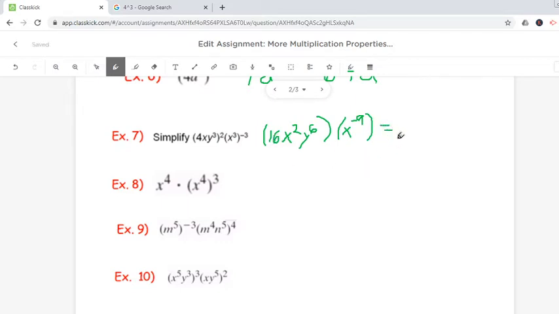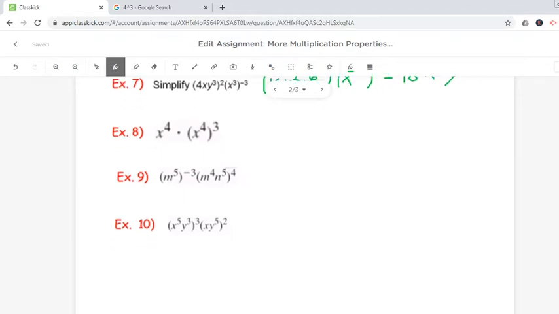So we have 16, and then we have our x, negative 9, x to the 2. So we have 2 plus negative 9, and that would equal x to the negative 7th, and then y to the 6th.